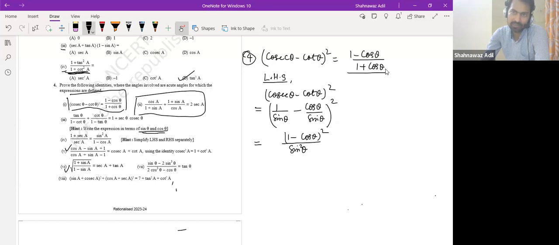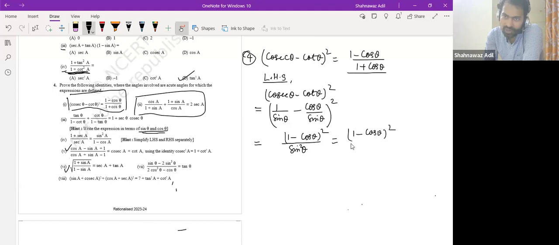In this question we have to prove that this is equal to 1 minus cos theta divided by 1 plus cos theta. What do we already have? 1 minus cos theta is already there, so we will not touch this term.